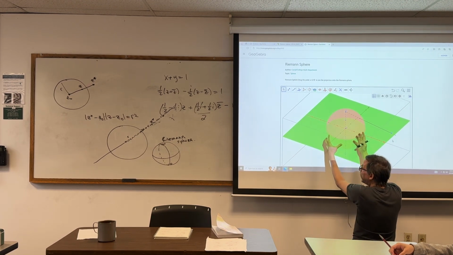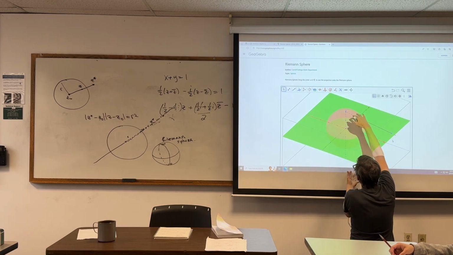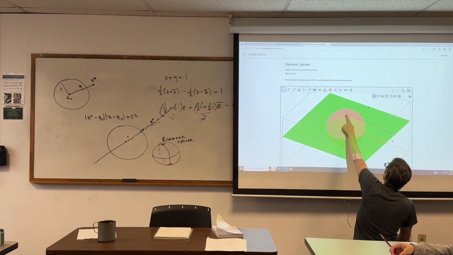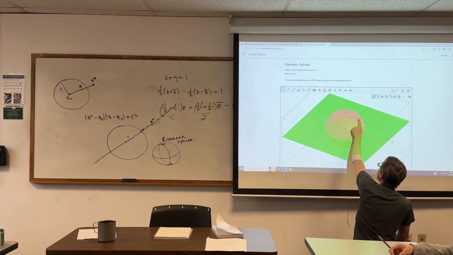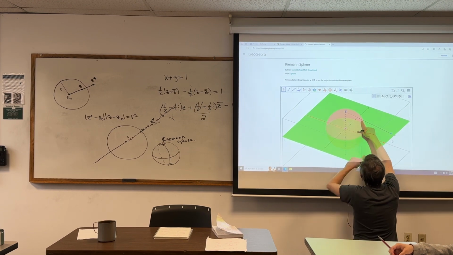This is a unit sphere just sitting right in the middle of the plane. There's the top half above and the bottom half below. And so you draw a line from the North Pole to the point, and wherever that intersects that sphere, that's its new representation. So on the sphere, this Z is that point.